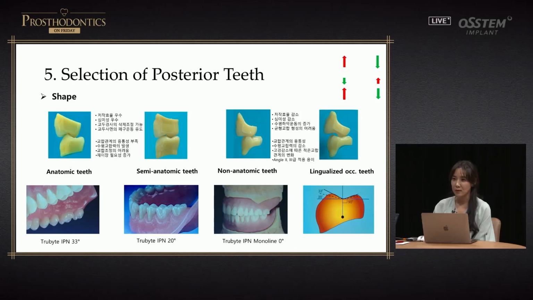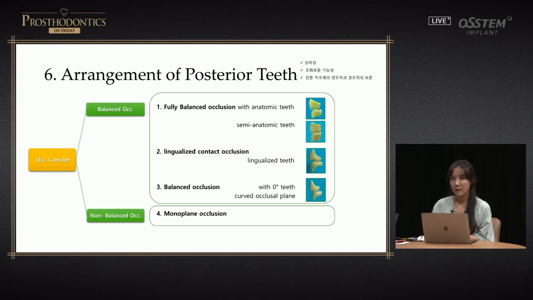The lingually touching teeth are in the midpoint between the anatomic and non-anatomic teeth in terms of advantages and disadvantages. This is again the arrangement of posterior teeth. The teeth can be classified into these categories. The fully balanced occlusion has occlusion anteriorly and laterally.